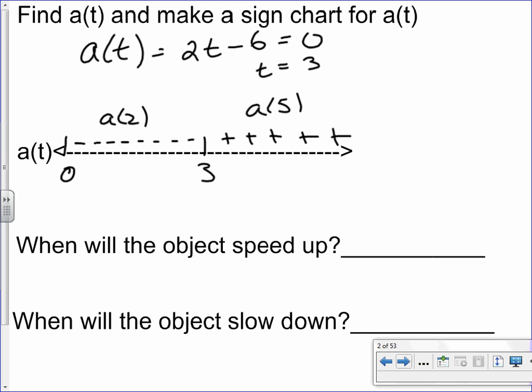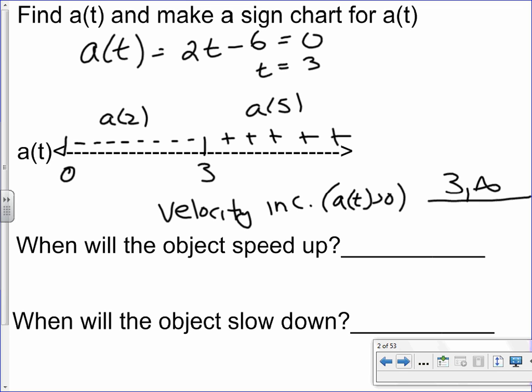So if all I asked you was when is the velocity increasing, I didn't ask it, but I wish I did, any function is increasing when its slope is positive, so when acceleration is positive. I could have used just the sign chart for acceleration. You'd have to know that means its derivative, acceleration, is positive. And it's positive from 3 to infinity.